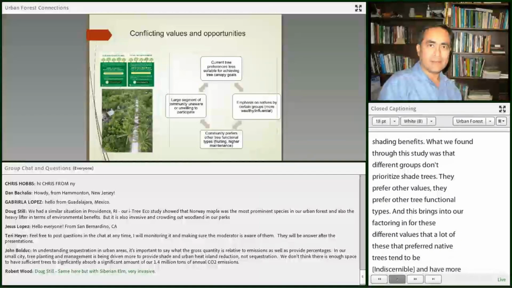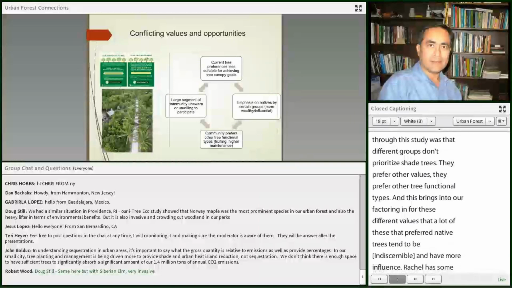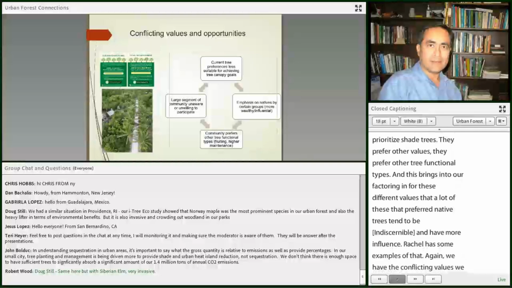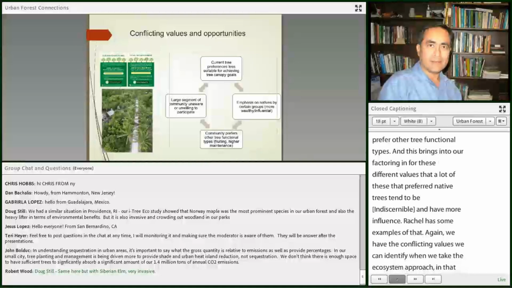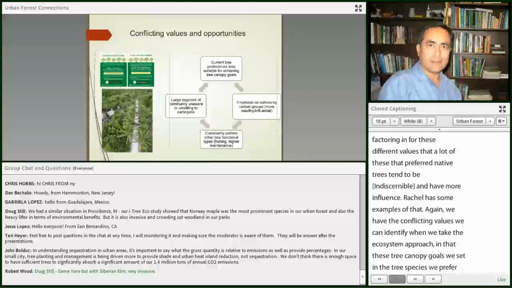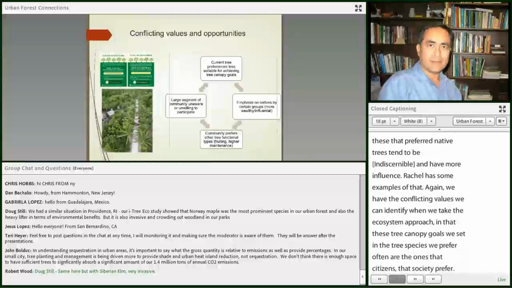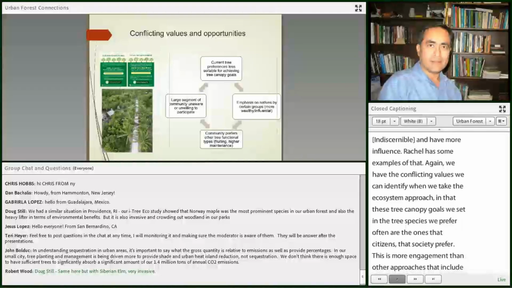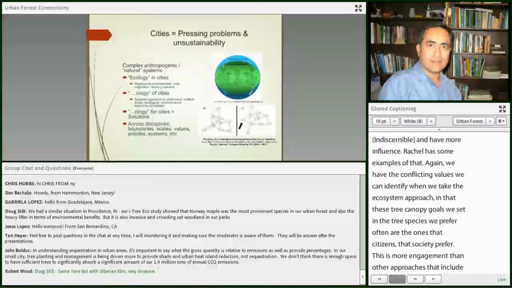So again, we have these conflicting values that we can identify when we take this ecosystem approach, in that these tree canopy goals we set and these tree species we prefer often aren't the ones that citizens and that society prefers. So this is where engagement and other approaches of including people and this social-ecological approach, right? Understanding the people and the systems and the big picture is important to better obtain these goals.